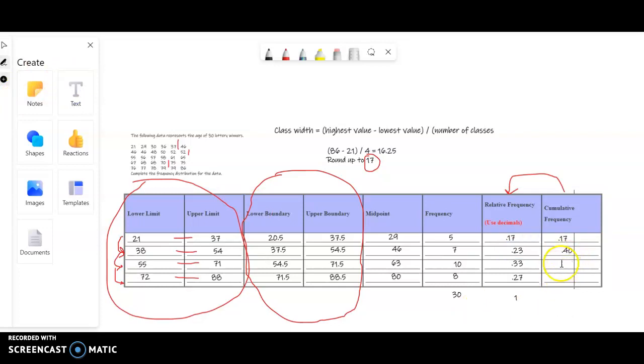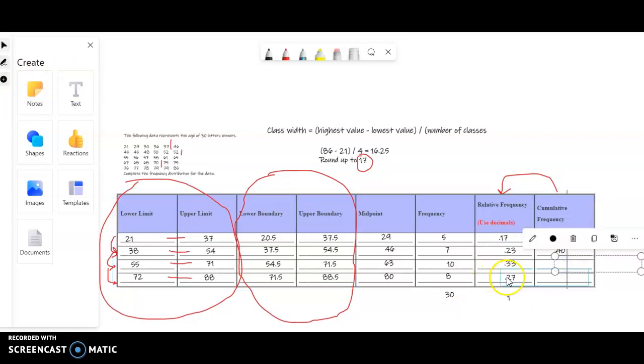For this one, you're going to have the 0.33, 0.23, and 0.17. And we are getting 0.73. And for the last one, you should be adding 0.27, 0.33, 0.23, and 0.17. And hopefully that's 1.0. On the off chance, it could be slightly off of that, and that's, again, strictly due to rounding.